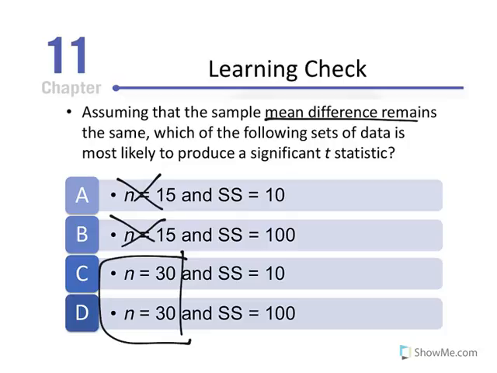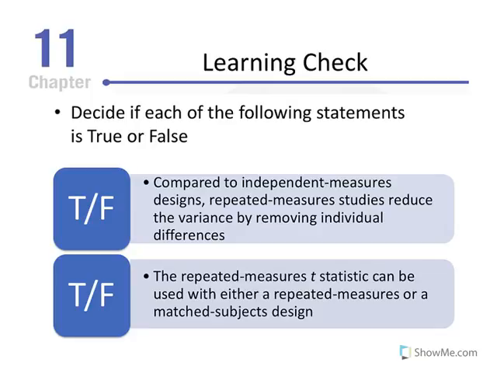So low variation would be ideal. So again, in comparing these two, we would not opt for that one. We would prefer this scenario because we have a larger sample and lower variability, which is going to help us detect treatment effects much better than if we had higher variability.